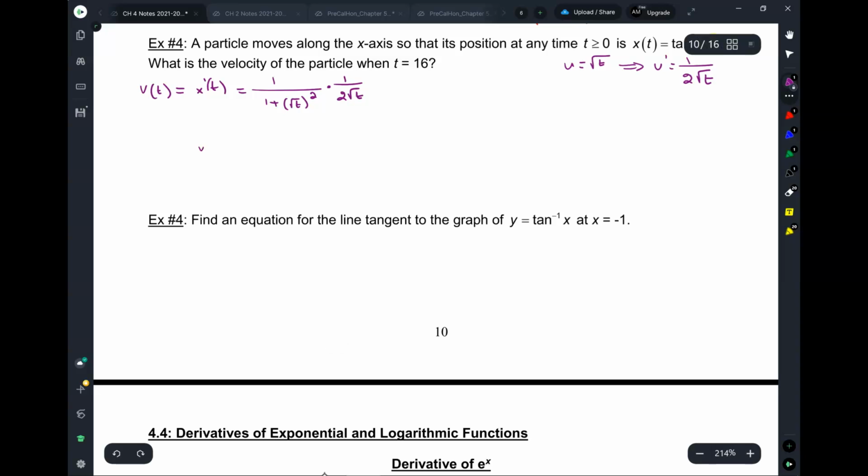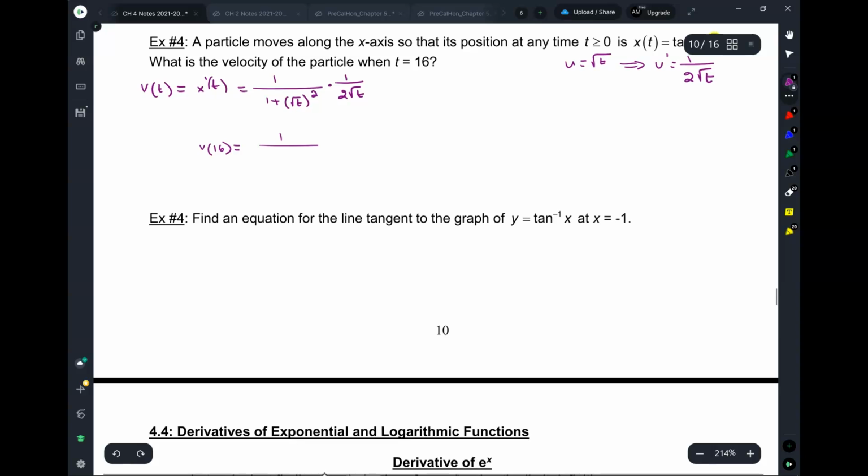I could just say v of 16 is equal to 1 over 1 plus 16, right? The square and the square root go away, times 1 over 2 root 16. So that's 1 over 17 times 1 over 8, 1 over 136.